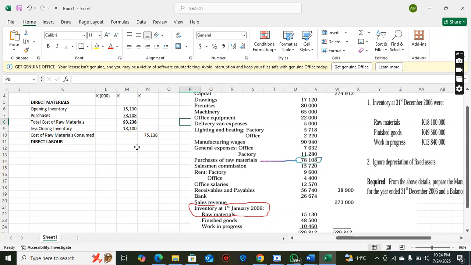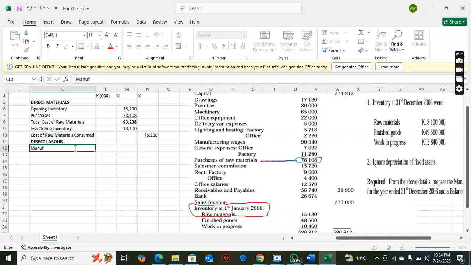Are there any other direct expenses where it's written with the word direct? So manufacturing wages, where is it? So okay, yes, here, 90,940.